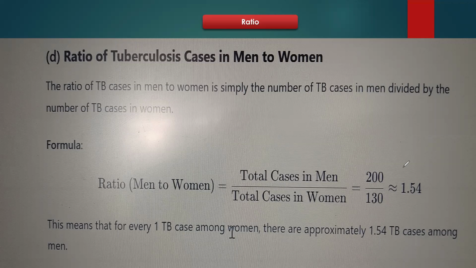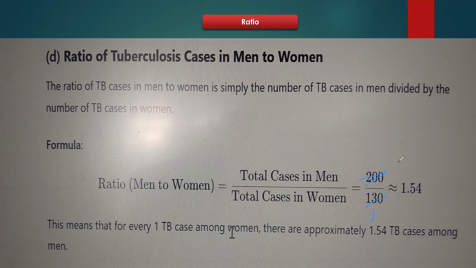So by the time we cancel out, when we cancel out, we'll have 1 here. When we cancel out this one, we'll have 1.54. So if you can approximate, you should be giving it 2.